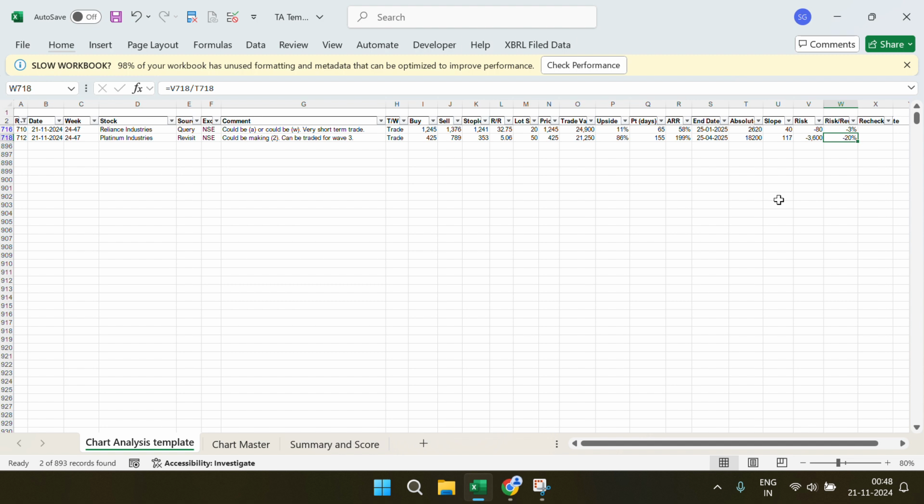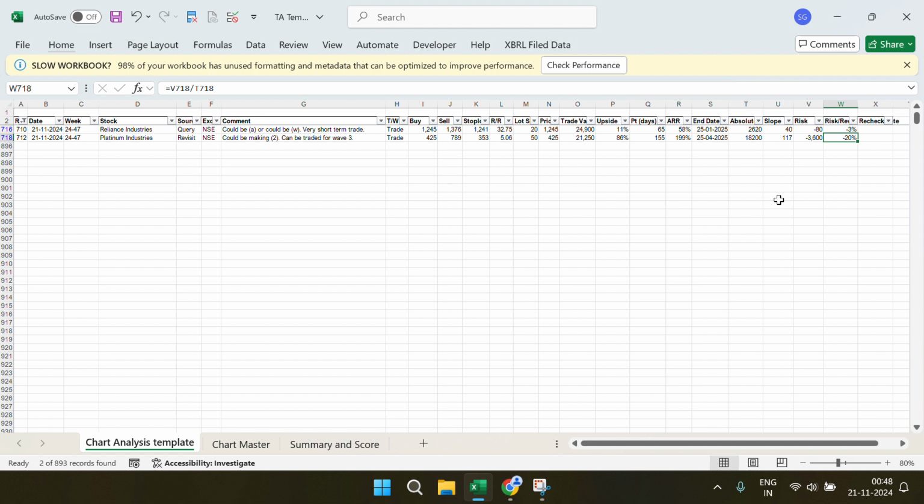I have a risk potential of 20% in the second case, but I can get about 199% of annual returns. So these are the two sets of things that I have for today. Just assume that I have just done two charts and I found two trades in it, and these are the trades that it looks like.